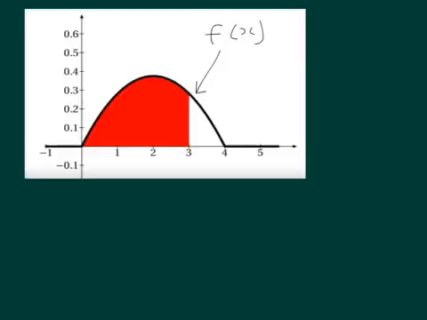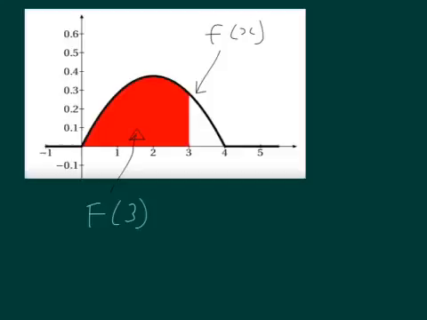So that's showing the equation of the line. So the equation of this line is given by lowercase f of x. But this area here, because it's going up to 3, is given by capital F of 3. So that area is given by F of 3.